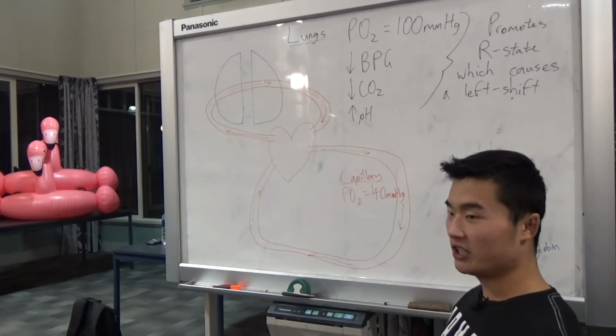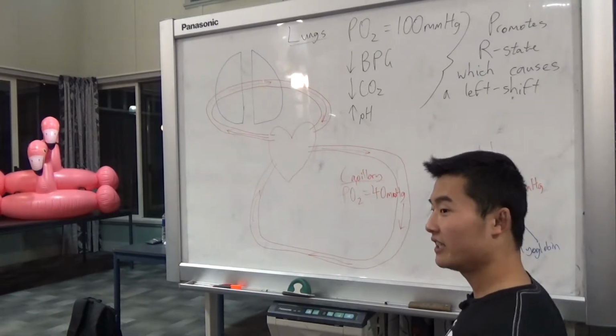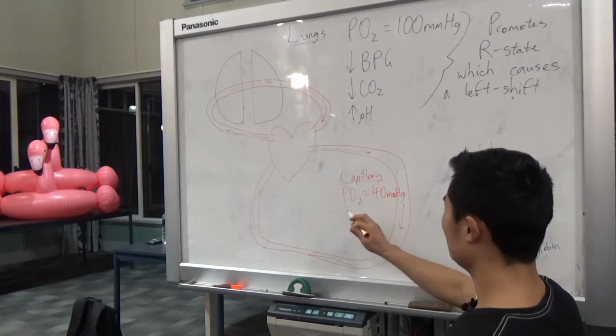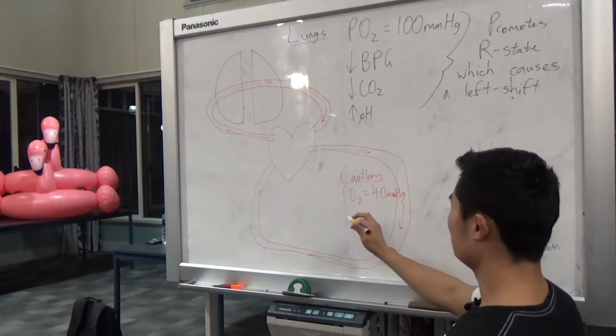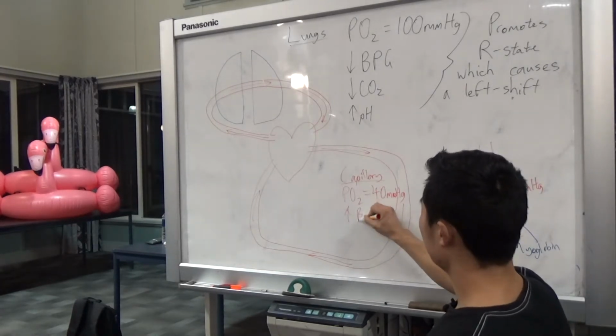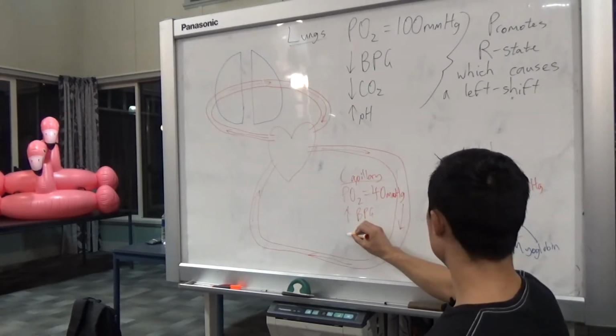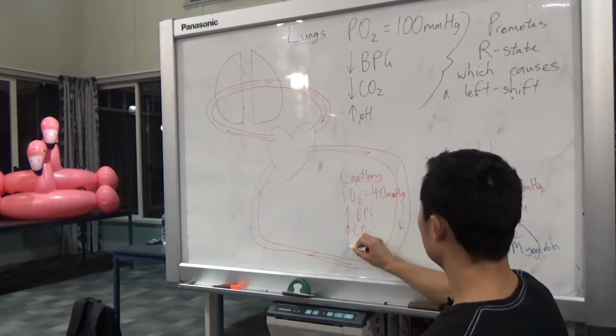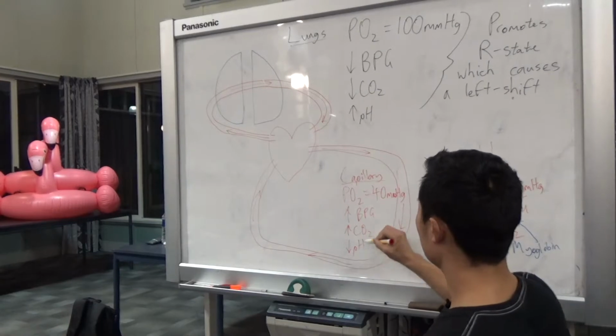Have you guys gone over this in hubs yet? Yeah, so the venous partial pressure of oxygen in blood is 40 millimeters of mercury, and you're going to have higher BPG, higher CO2, and lower pH.